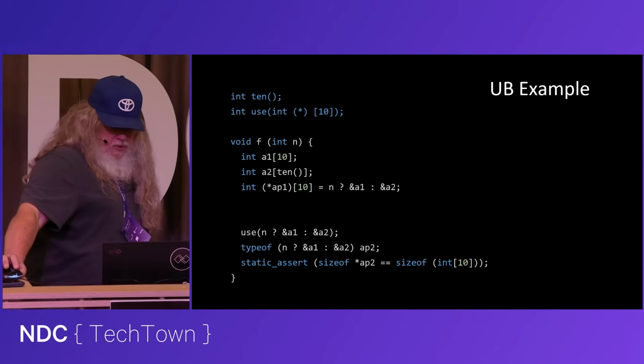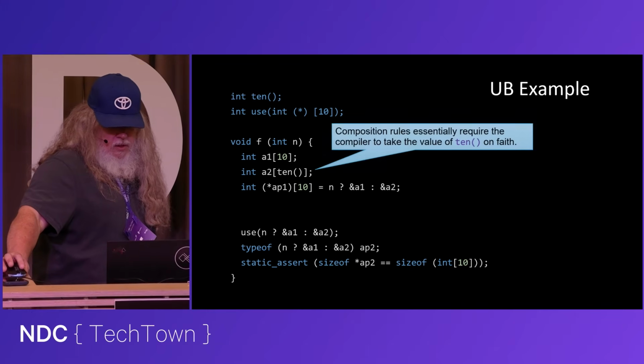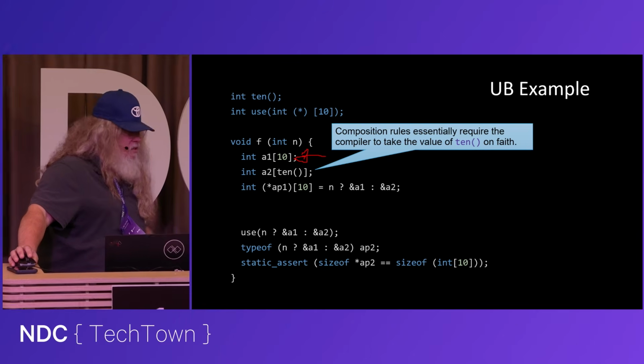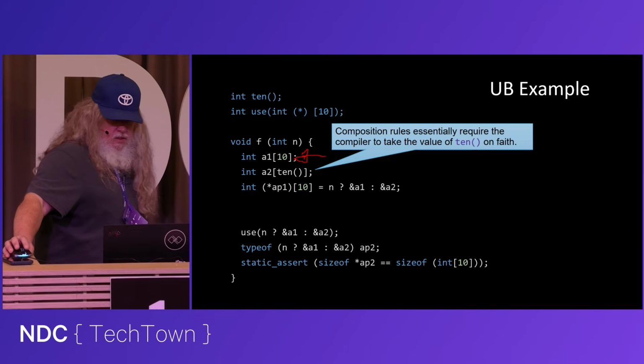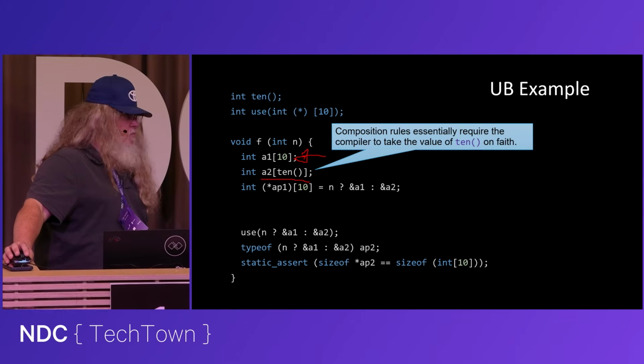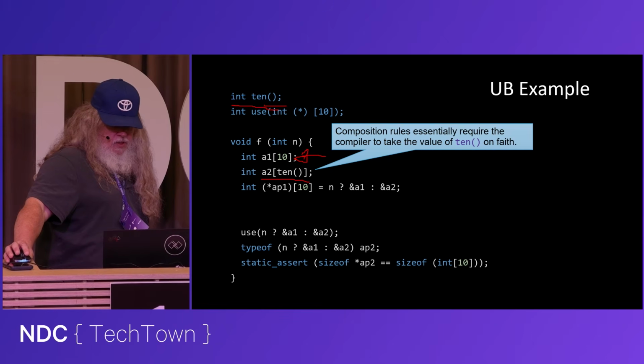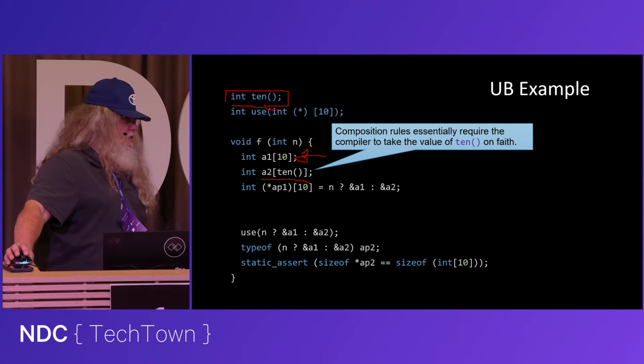So here's an example of this type of UB. We have here an array of 10 elements. So this is known constant size. That's obvious. This is trivial to see. But here we've got another array which we initialize using the return value from a function that returns an int, and this function is declared, say, in a different translation unit.